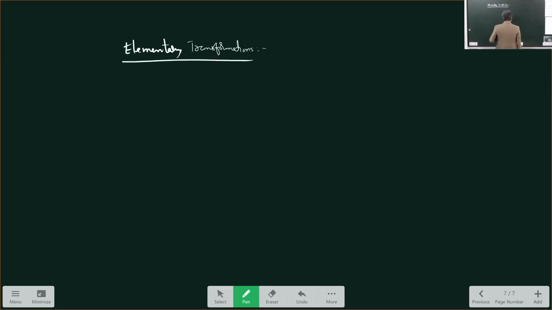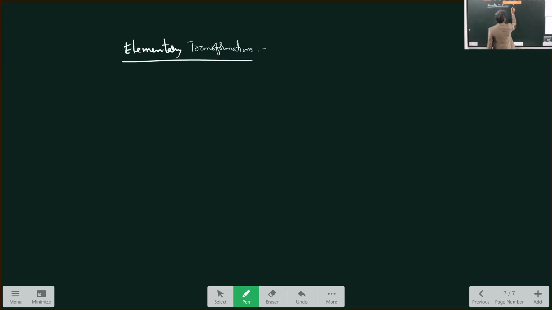Then we started with the concept of elementary transformations. Right. So what are the elementary transformations?